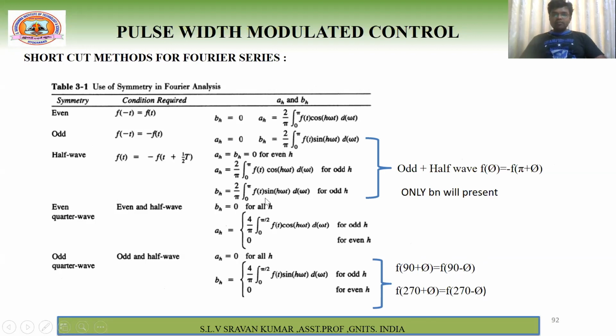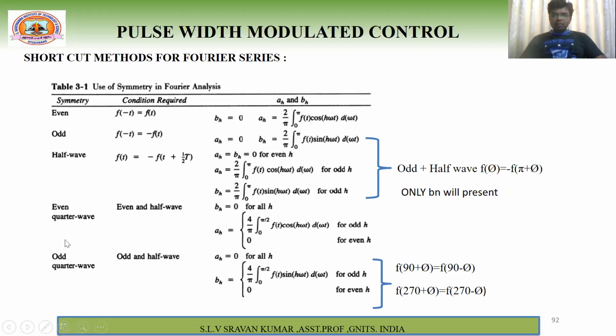See here, what is the formula for odd plus half wave symmetry? Bn is equal to 2 by pi, integral 0 to pi, f of t sine n omega t d omega t, for odd values of n. Here they are using the h term, I am using the n term. For odd plus quarter wave, what are the limits? 0 to pi by 2.